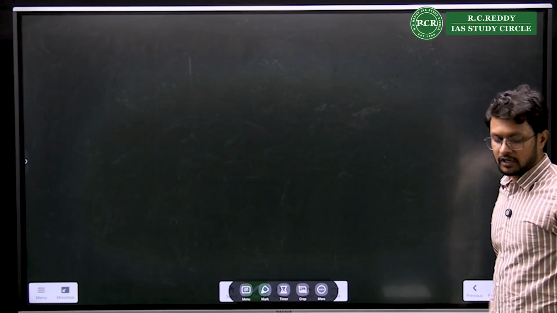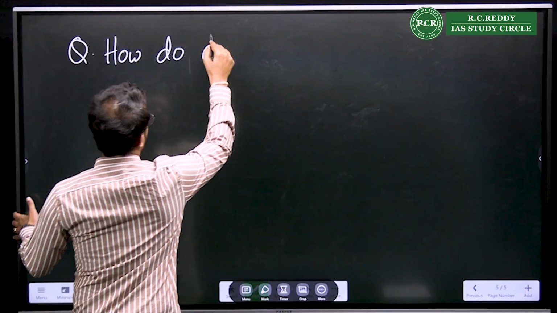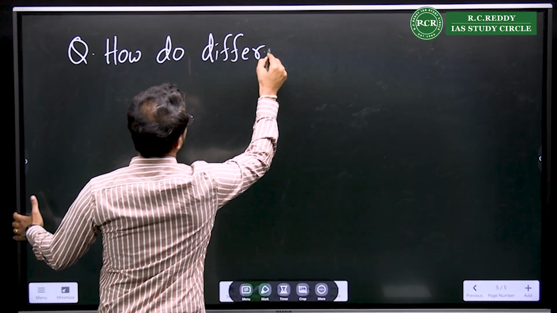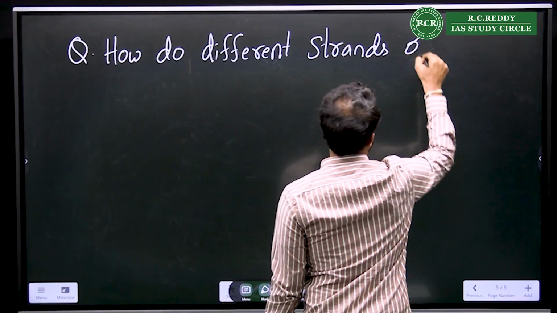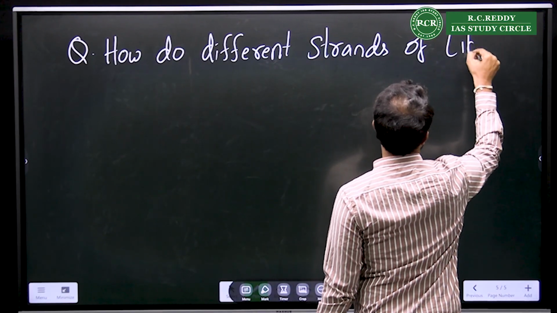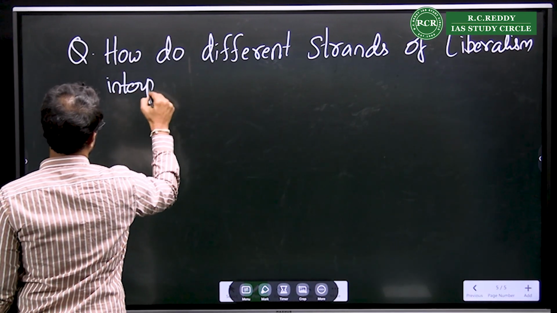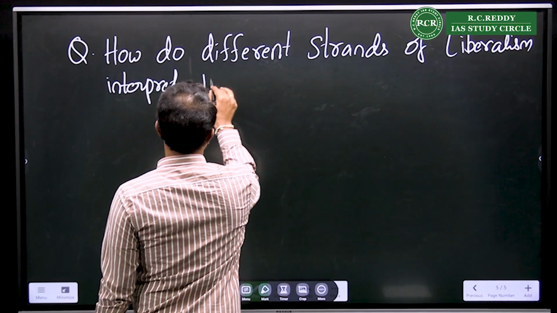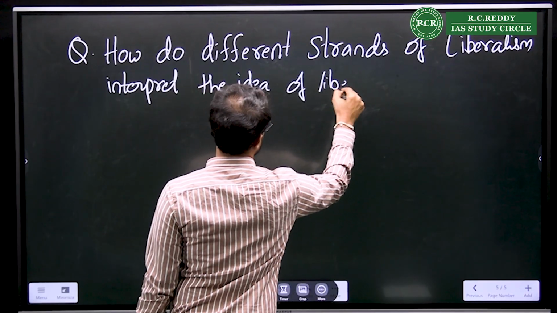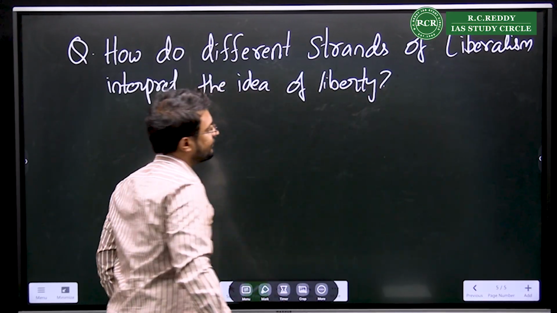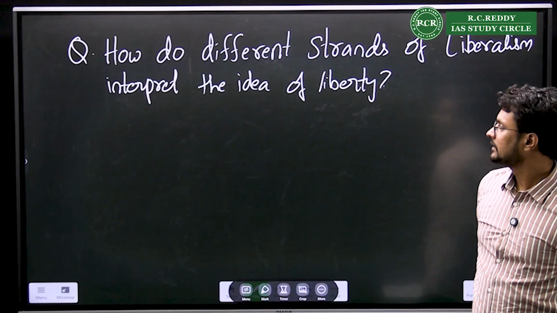The question that we have got is, how do different strands of liberalism interpret the idea of liberty, right?